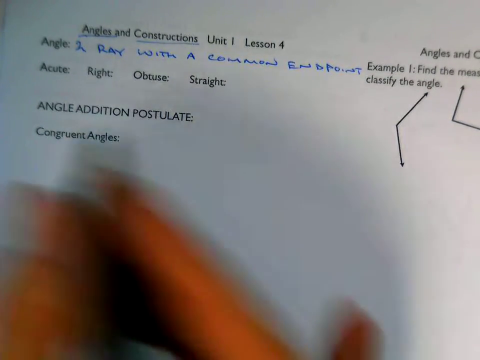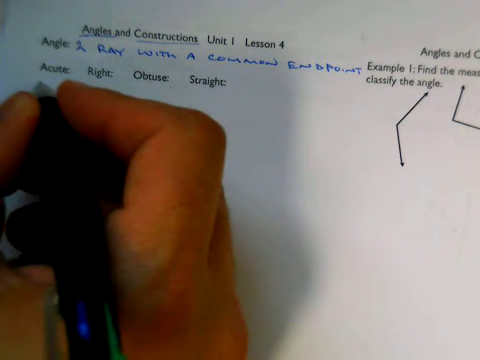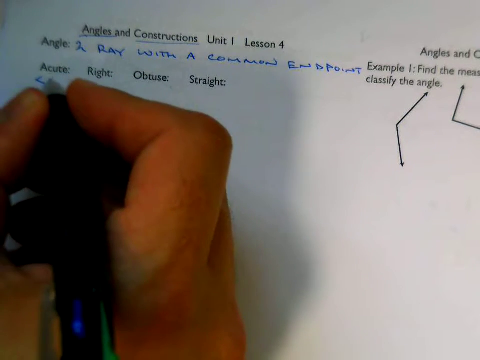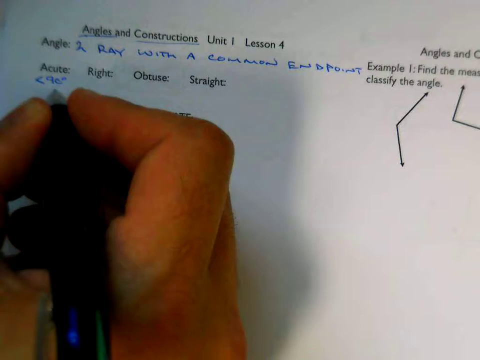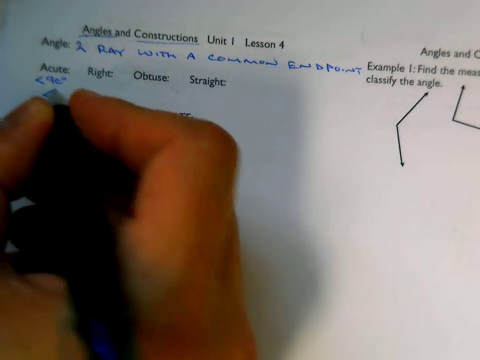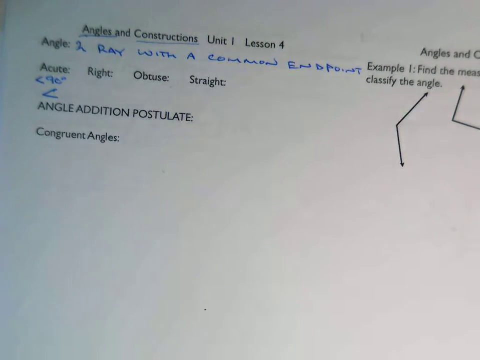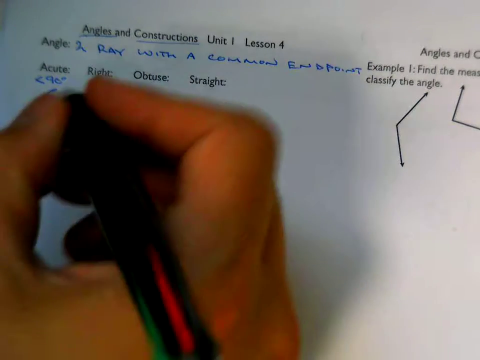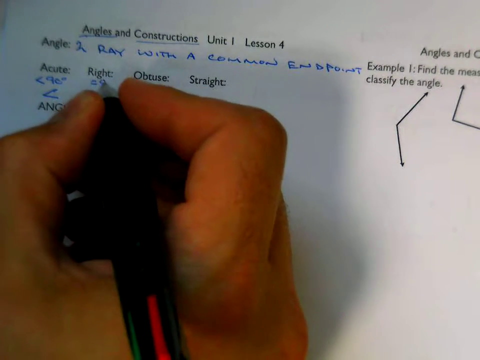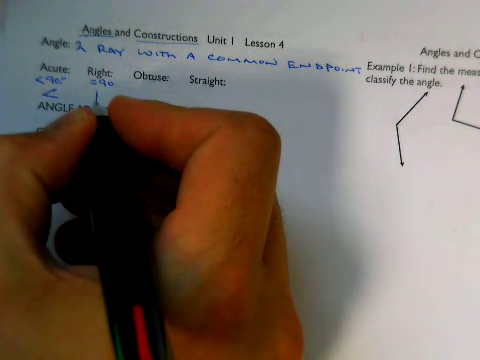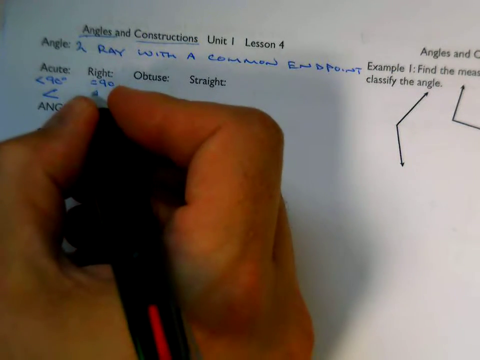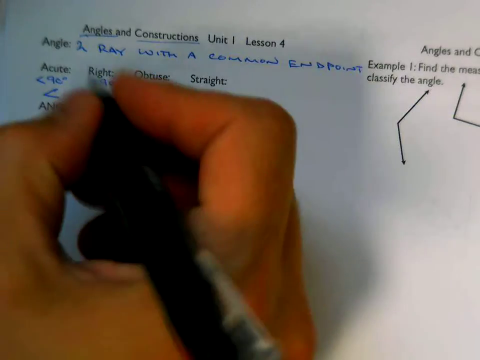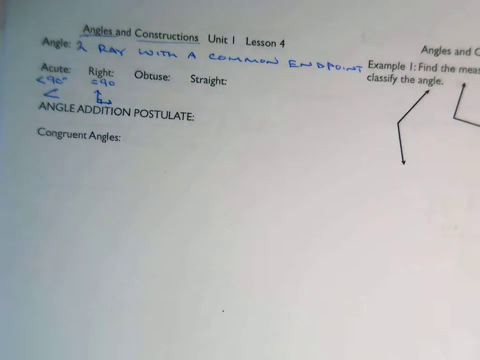We've got essentially four. We've got acute angles, which are less than 90 degrees. A cute little angle is how my 6th grade teacher put it. I've never forgot that. We've got right angles, which are equal to 90 degrees, and we'll be utilizing right angles often this year. And remember that we cannot assume that an angle is a right angle until we have a little mark right there.